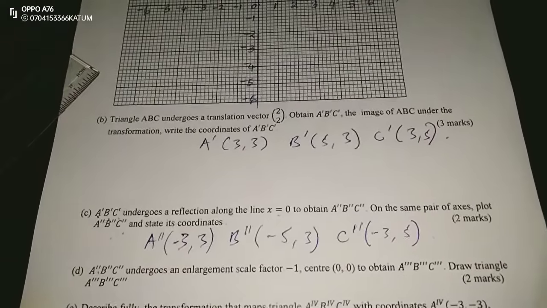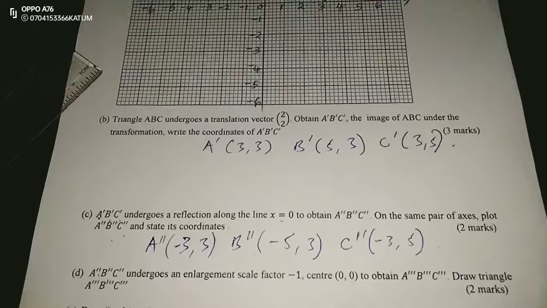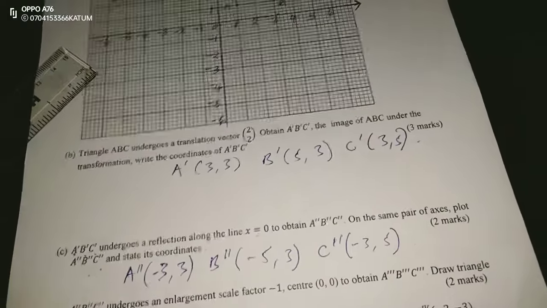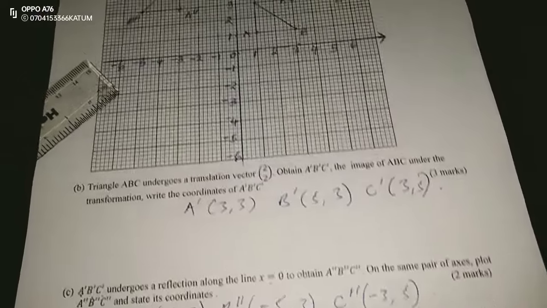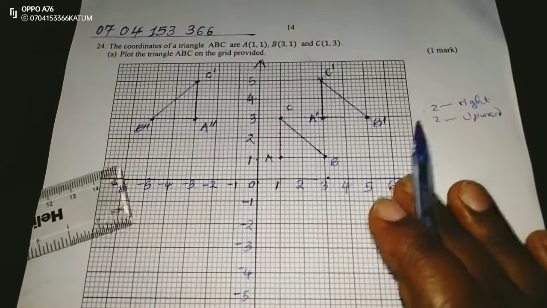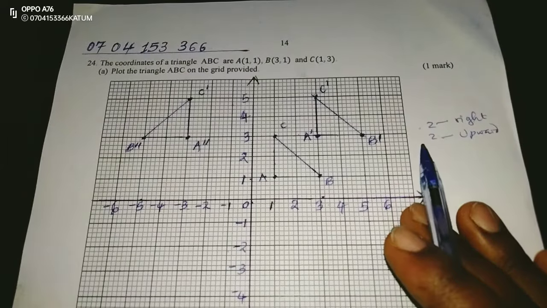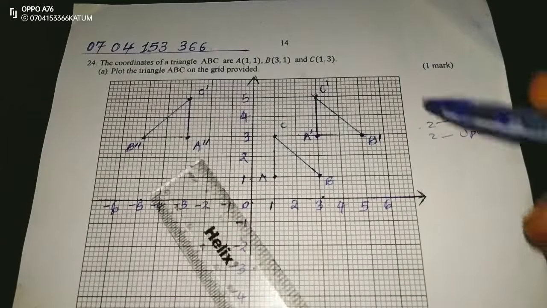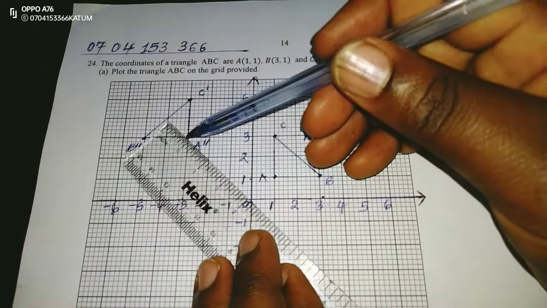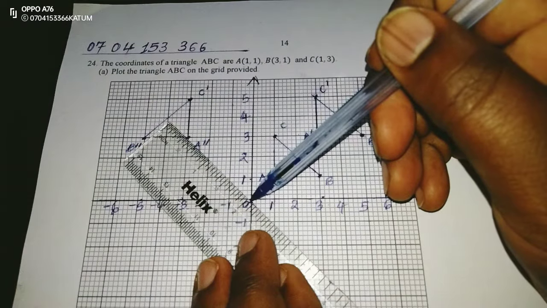Therefore, for us to carry out an enlargement with scale factor -1 and center (0,0), we should remember that with a negative scale factor, object and image are on opposite sides of the center. For example, if we are enlarging A, we stand at A and connect it with the center, which is (0,0), the origin.